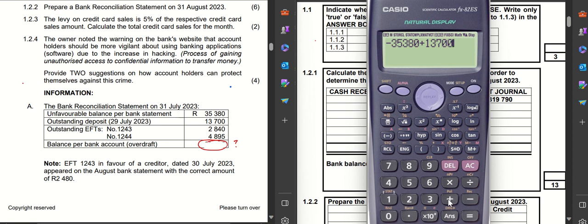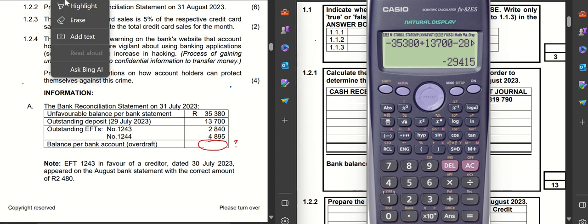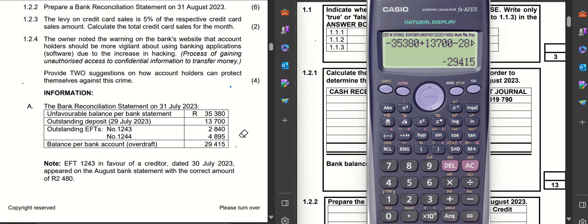Then outstanding EFTs, you minus your outstanding EFTs, minus 2840. Then minus again, minus 4895. And this will give you the total, which is 29,415. In the event that this was not given, you can see it's a minus here.